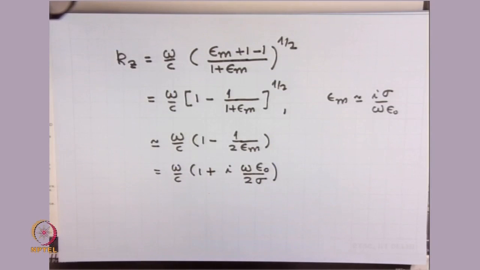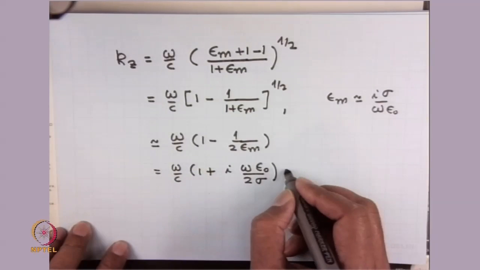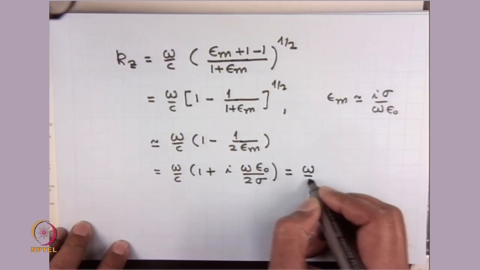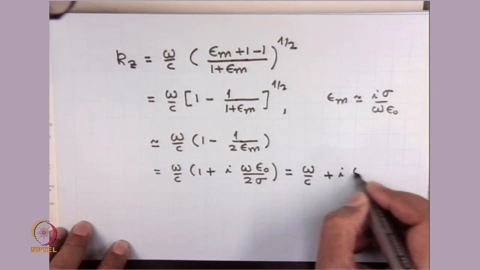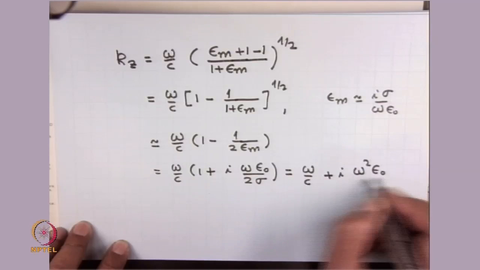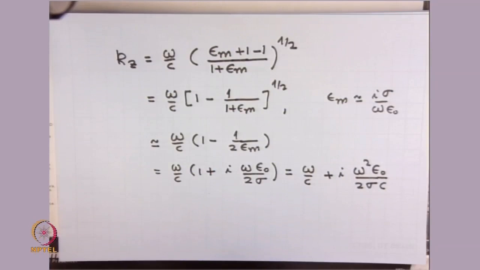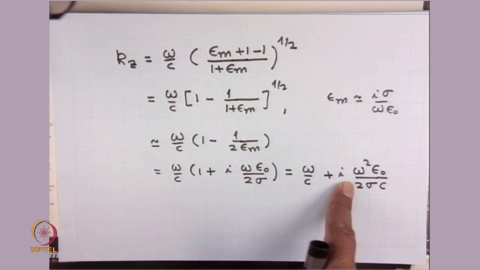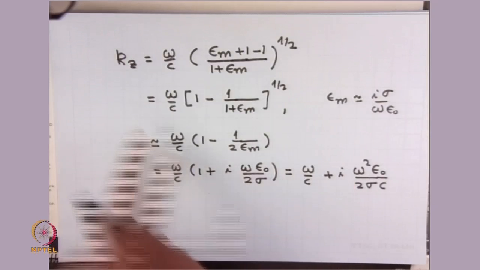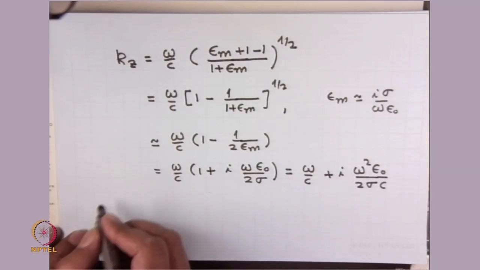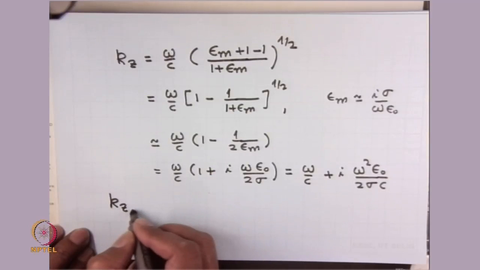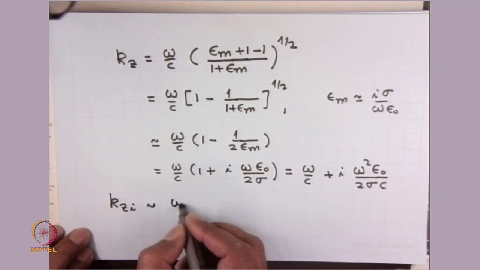Please recognize that kz has a real part which is equal to omega by c, plus the imaginary part which is omega square epsilon 0 upon 2 sigma c. So the absorption coefficient is strongly dependent on frequency. The imaginary part of kz is called the absorption coefficient, and it goes as omega square.